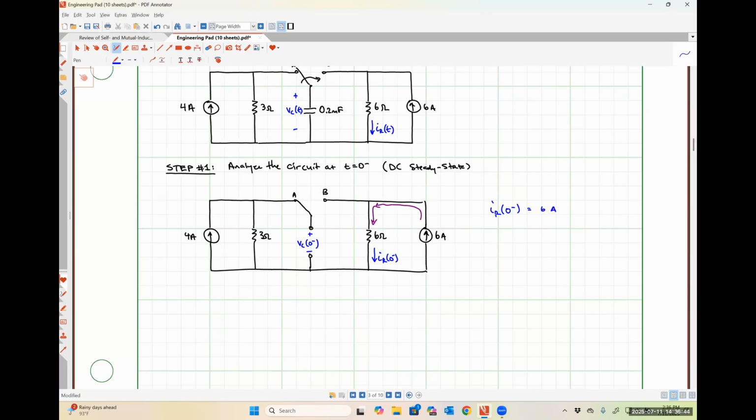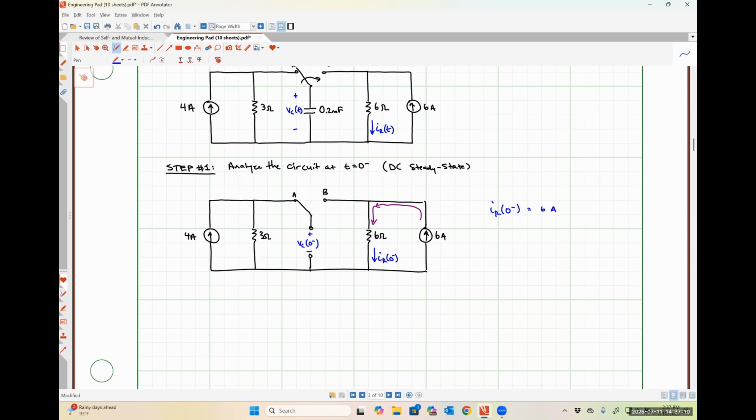Yes and no. The reason why I'm saying yes and no is if we did KVL around the loop, we would essentially find that our capacitor is in parallel with our 3 ohm resistor, which is in parallel with our 4 amp source, which doesn't really give us any information because we don't know what the voltage drop across the 3 ohm resistor and the 4 amp source is.